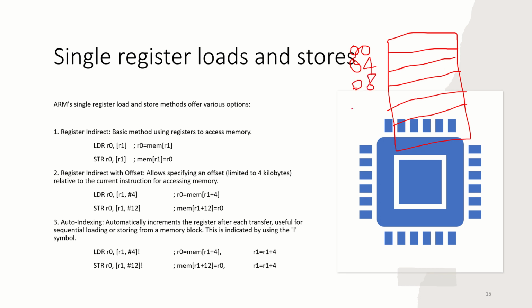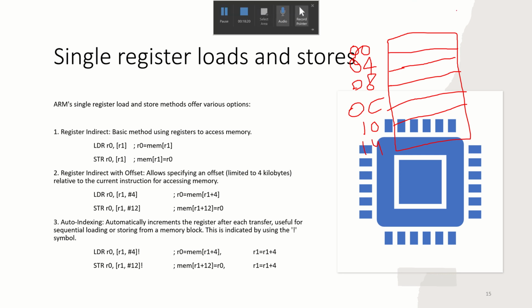The next address will be 12, which is C. Then 10, then 14. Just adding 4. If we add 4 to 0, we get 4. Then 8, then 8 plus 4 is 12, which is C. Then add 4 to it, it will be 16, which in hexadecimal is 10. Then add 4, we get 14. So these are the addresses.